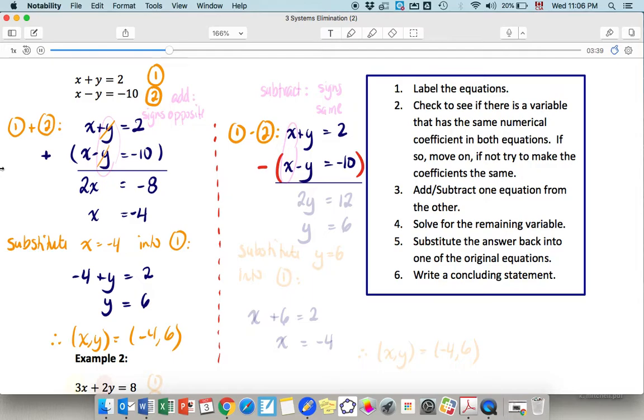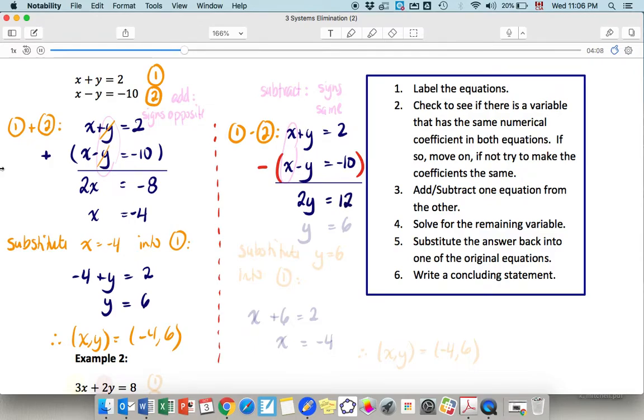So now y minus negative y, this is where we have to be careful. The minus negative y really means that I'm going to be adding the two y's together. So this is going to become y plus y, which equals 2y. And then on my right side, I have 2, again being careful with the negative sign, 2 minus negative 10, which is the same thing as 2 plus 10.